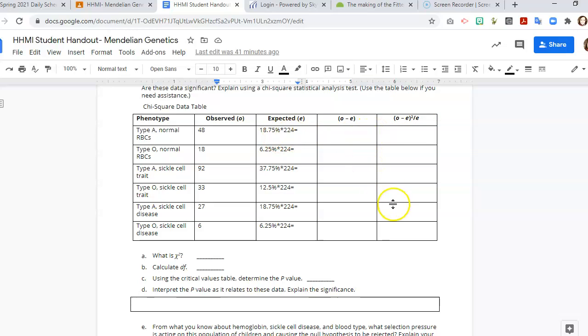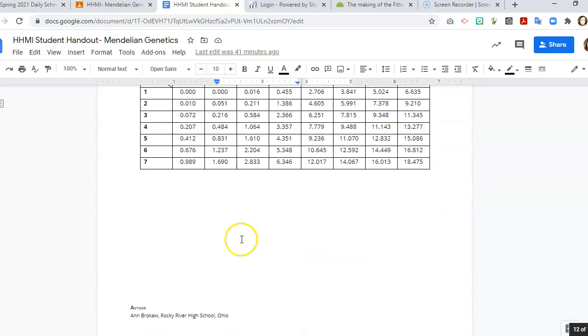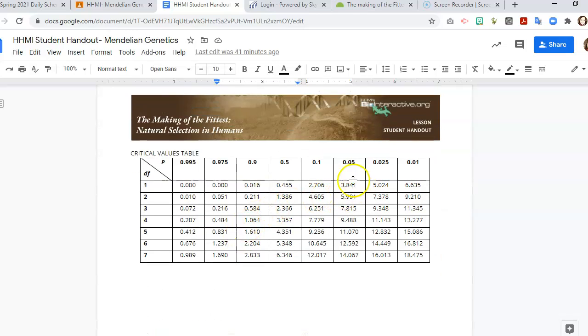So you're going to do all this. Just a reminder, this last column, you add them all up, and that gives you your chi-square number. Then you calculate the degrees of freedom, and once again, you use page 12 to figure out if it's statistically significant.